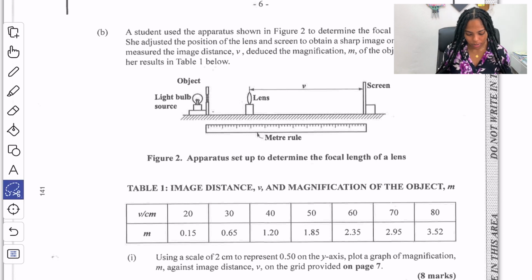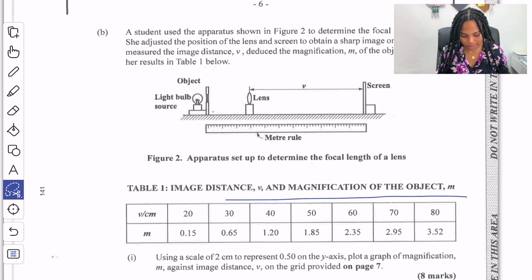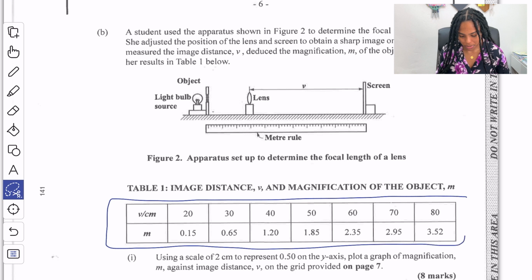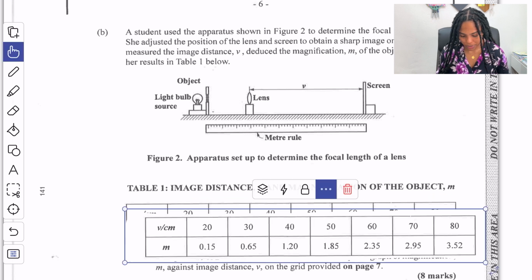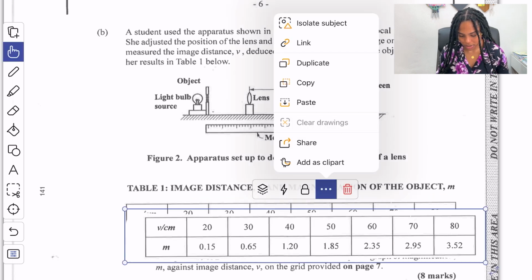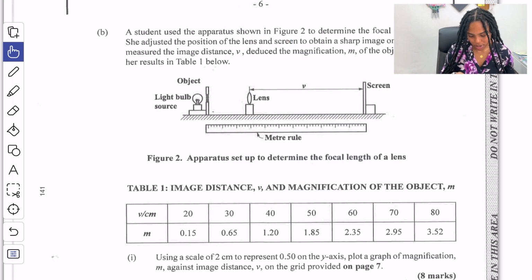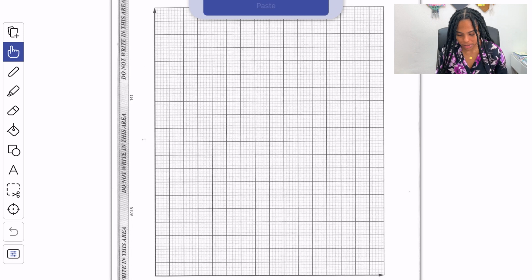So I'm going to copy this over here so that I can see everything on the graph page. They said use a scale of 2 centimeters to represent 0.5 on the y-axis.